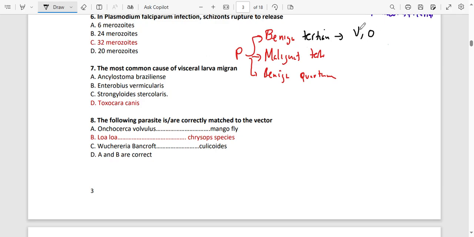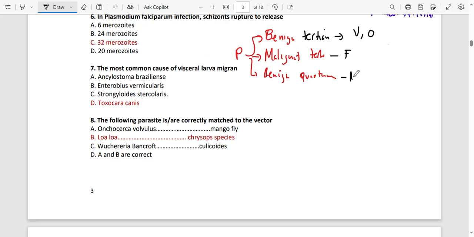You need to take note that when you have got infection of the liver, you cannot detect that until the merozoites are released into blood. That's when you can detect the infection. So someone can have malaria but you are not able to detect it because the infection is still in the liver. And then for the malignant, this is where I've got falciparum, and then the benign quartan.